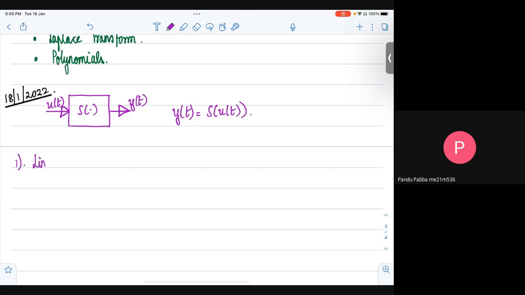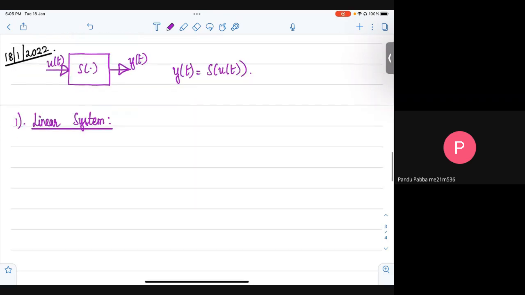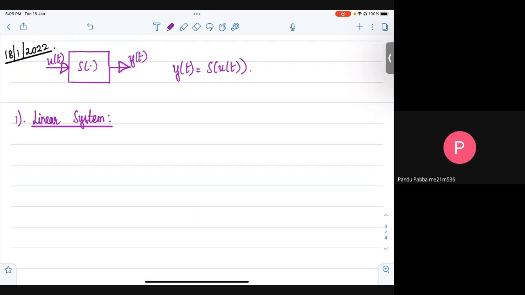Okay, so let's look at some classes of systems. The first one is what is called a linear system. So what is a linear system? For example, let us consider some example from the automotive domain, right? Let's say steering a vehicle.